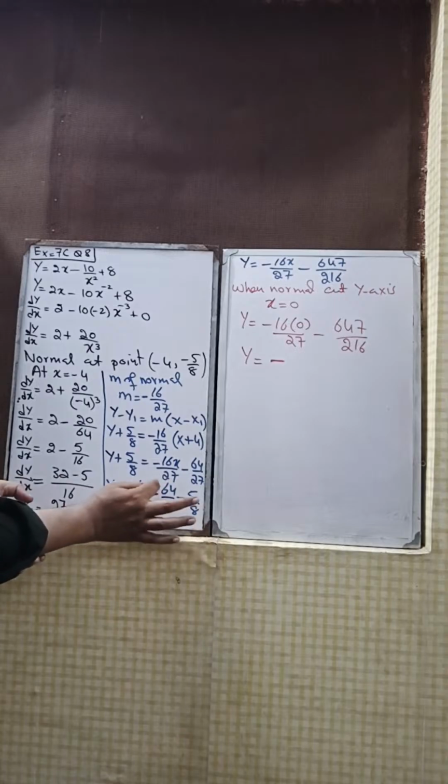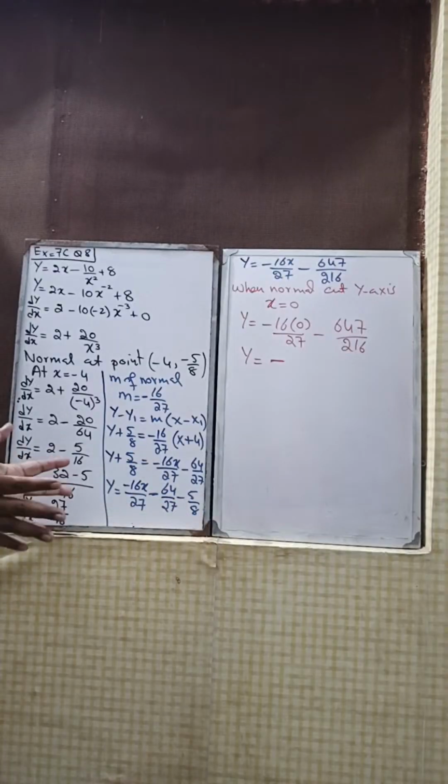So I'm going to do the process with them. So minus 64 by 27 minus 5 by 8. So we think that is minus 64 divided by 27 minus 5 divided by 8, and the answer is minus 647 divided by 216.